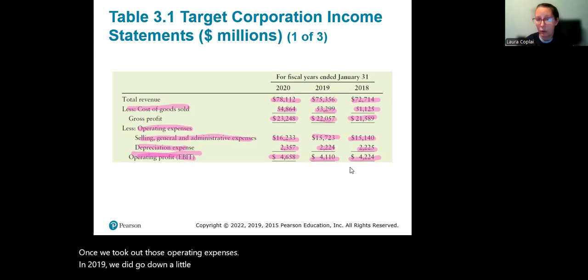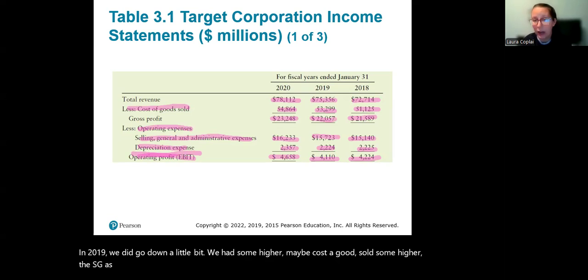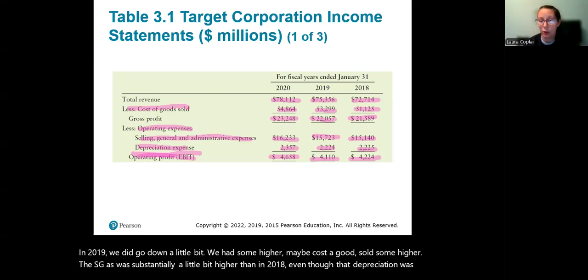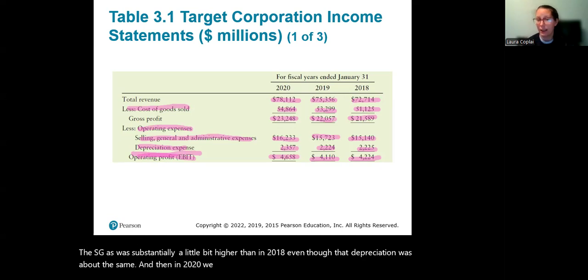We had maybe some higher cost of goods sold, and the SG&A was substantially higher than in 2018, even though the depreciation was about the same. And then in 2020, we did make a definite leap. So we were up to 46.58, so 4 billion there in 2020. So the company has grown if we look at the 3-year period here.